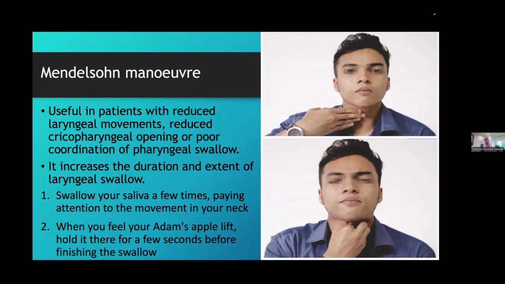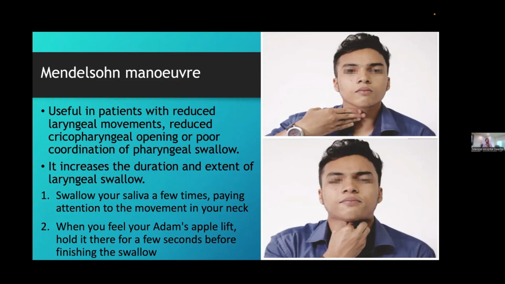So one of them is the Mendelsohn maneuver, right? Because there's a problem in laryngeal elevation, when he swallows and the larynx elevates, the patient keeps the finger to maintain the laryngeal elevation during swallowing, right? So this is basically mechanically elevating the larynx during swallowing, and this can help in pushing the food into the cricopharynx.